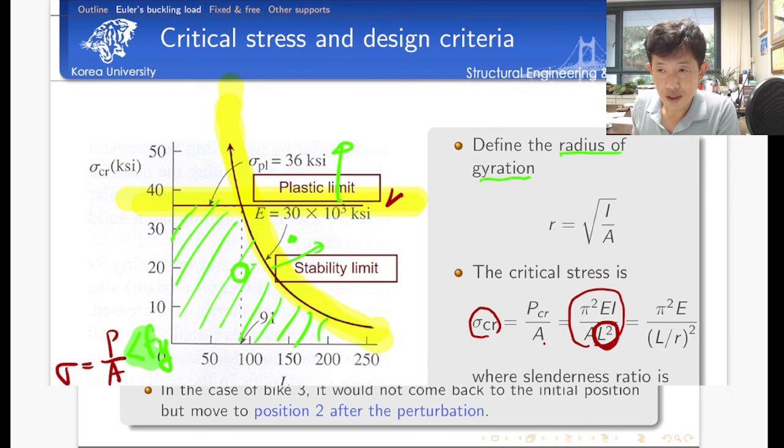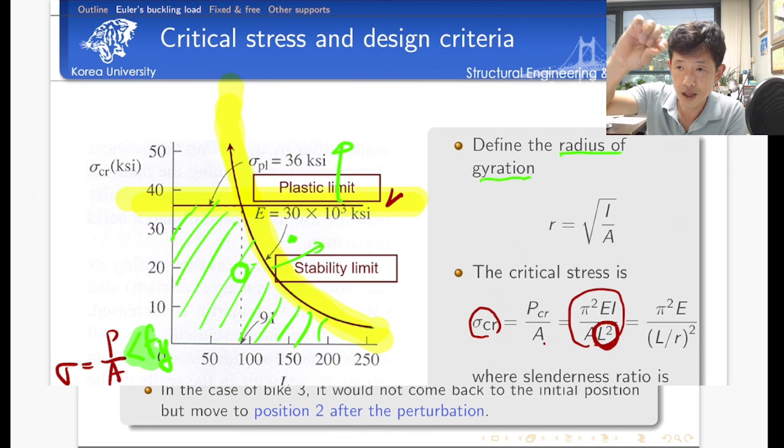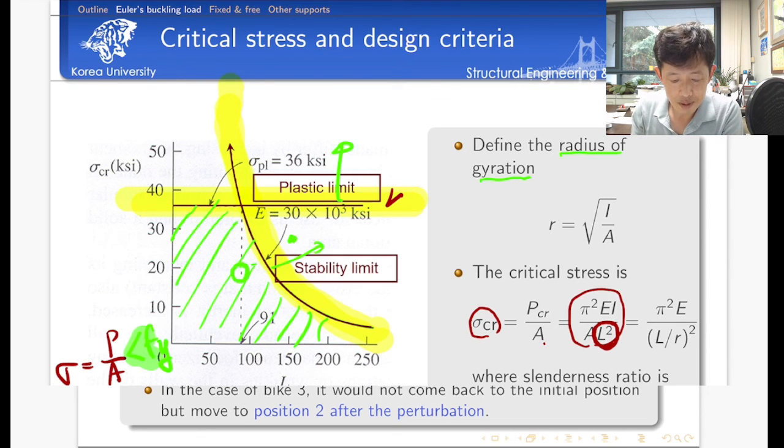Typically, this buckling issue is more important in the design of steel structures because steel structures are slender. What I mean is, we are using long thin members. Because the critical stress is inversely proportional to L squared, if the members are thin and long, then the critical stress value is lower.